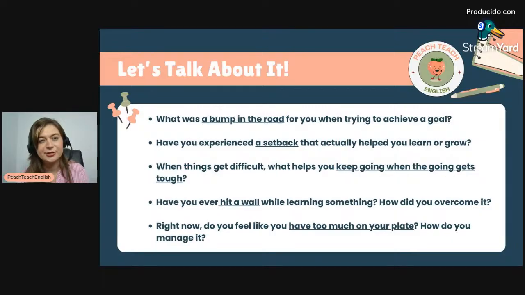Literally, there was a tree and the root was big. And when I was running, I didn't see it. And my foot went over the root, and I fell over and I busted up my knee really bad and it started bleeding everywhere.